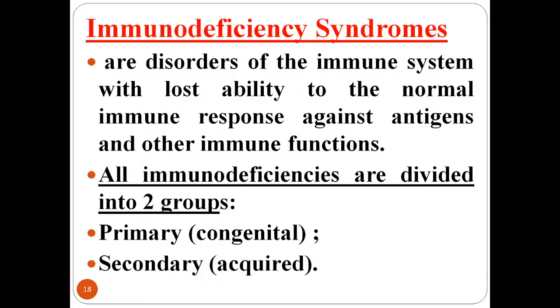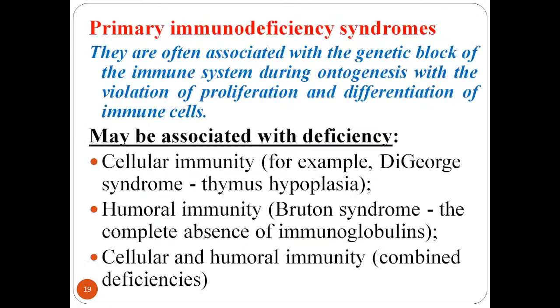All immunodeficiencies are divided into two groups. Primary immunodeficiency syndromes, congenital, and secondary, acquired. Two groups, primary and secondary.